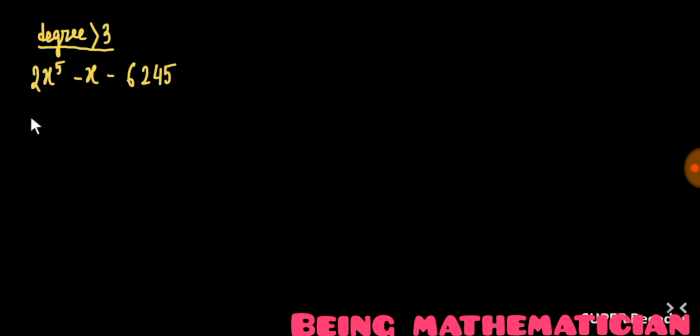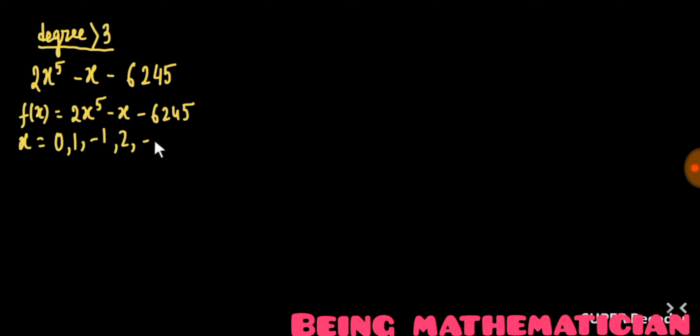Same as before, we assume that f(x) is equal to 2x to the power 5 minus x minus 6245. So now we verify with x equal to 0, 1, minus 1, 2, minus 2 by hit and trial method.